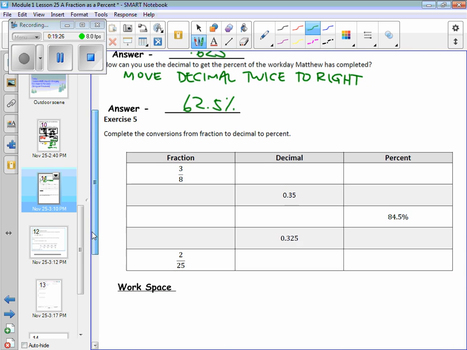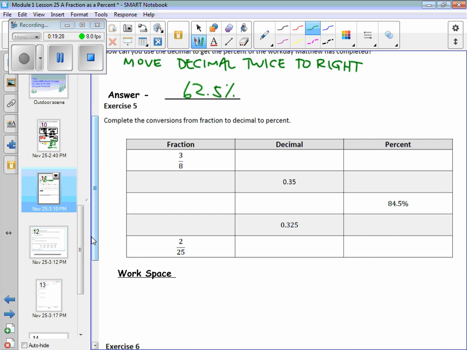Moving down to the chart. 3/8, we have to use long division for that. That's the only fraction there that we have to do long division. And if you do everything correctly, it's 0.375 as a decimal.